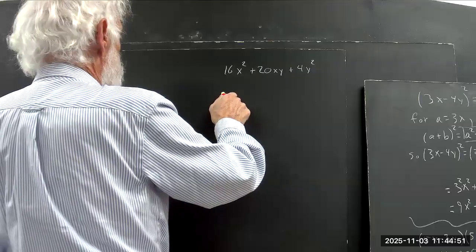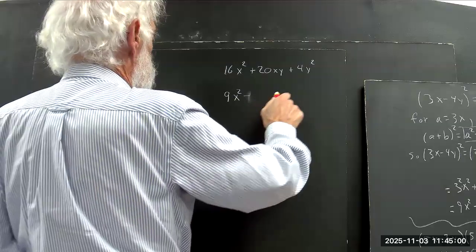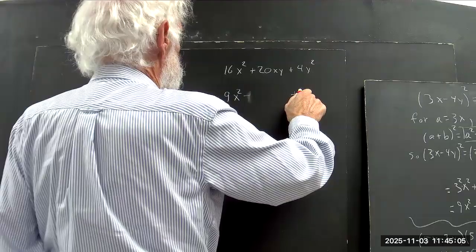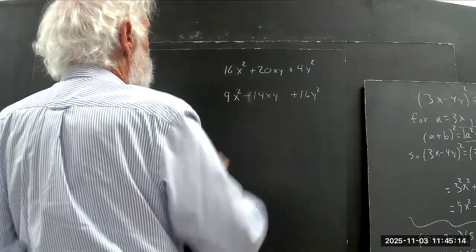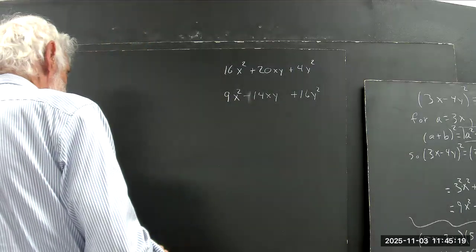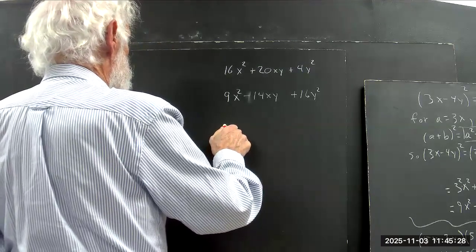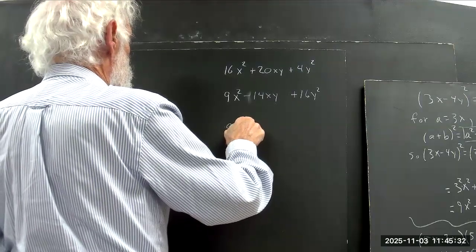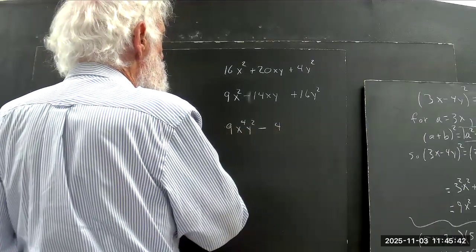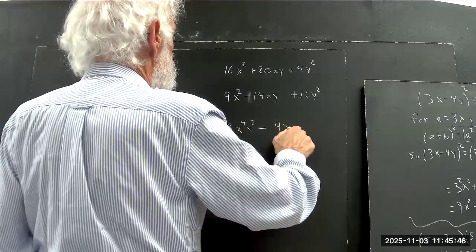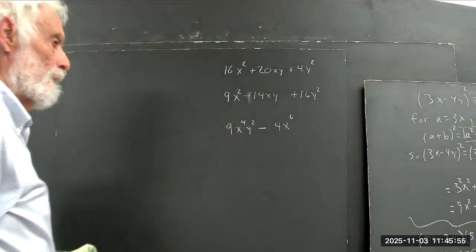And then let's try 9x squared plus 16y squared minus 14xy, and then I'll throw one of the other ones in that's just a little more complicated. Try that one, see if we get anywhere with it.